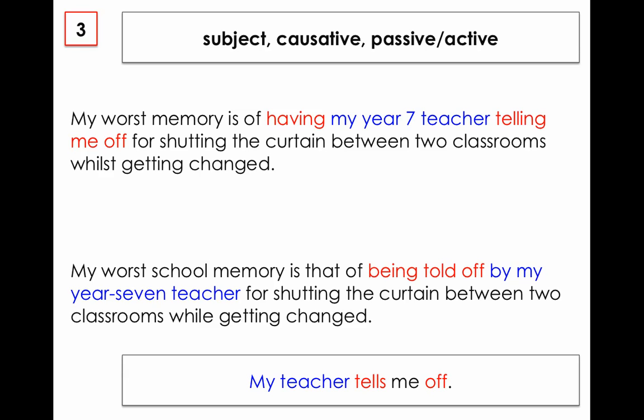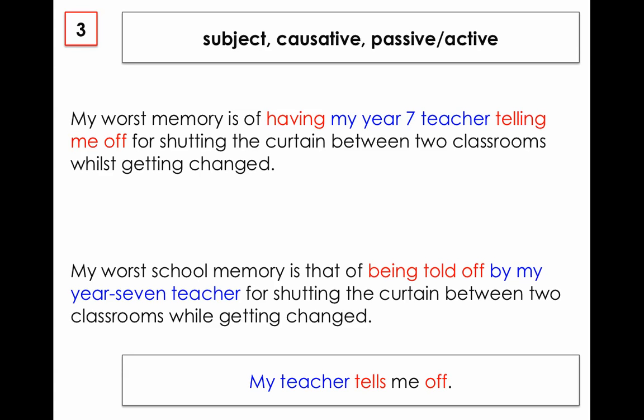Now, we didn't do what are called causatives. A causative is a phrase which expresses the fact that you've, as it were, caused someone to do something. So, for example, I can say, I got the hairdresser to shave all my hair off. Like I caused the hairdresser to do it.